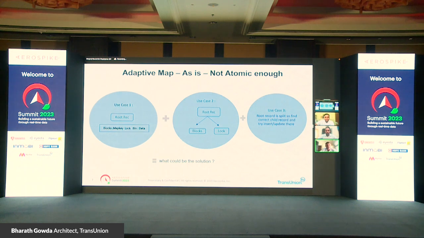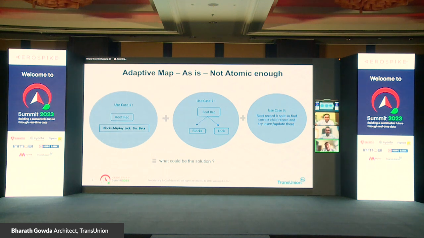As I already said, we also had a few business logic rules at our client end, which we needed to evaluate before adding any data to the actual Aerospike record. So that was one challenge we had, and also the extra overhead of splitting the records and identifying the root, whether the root record is split or not.